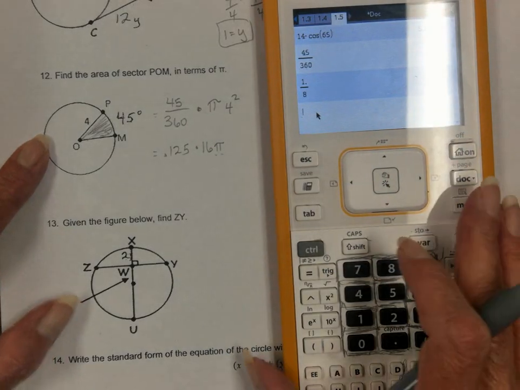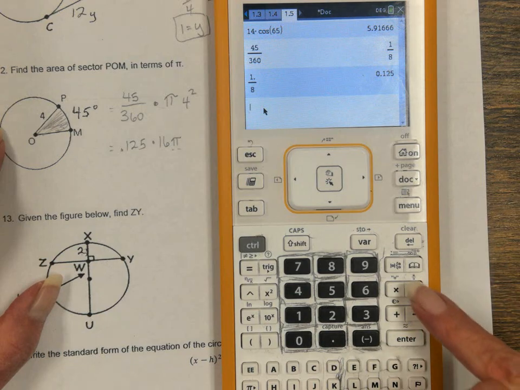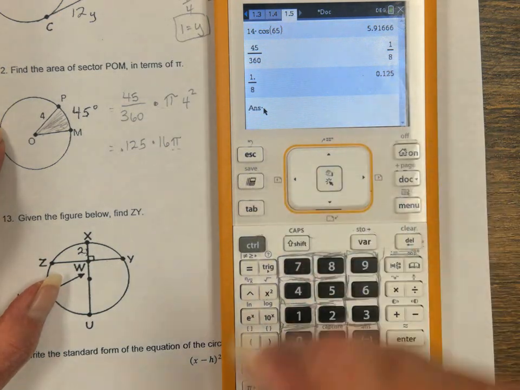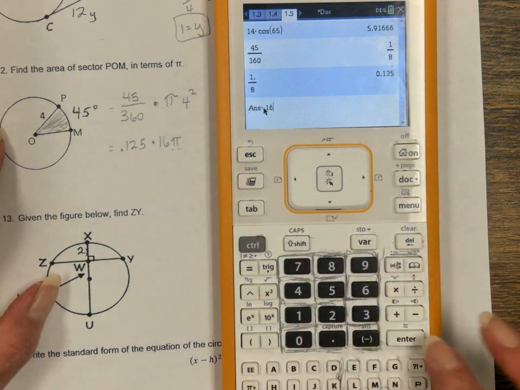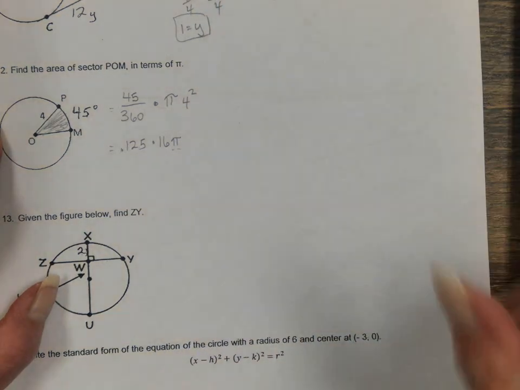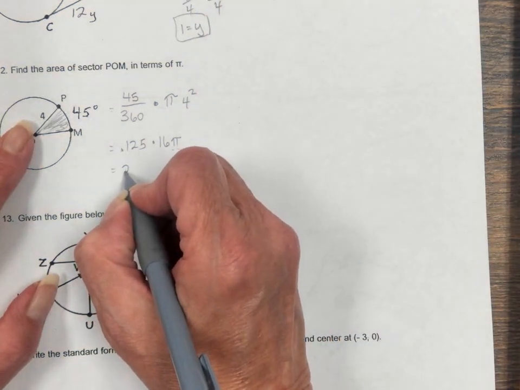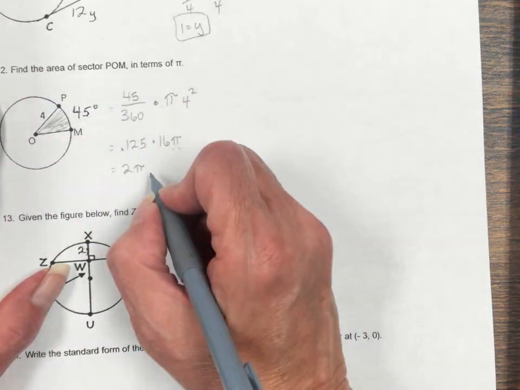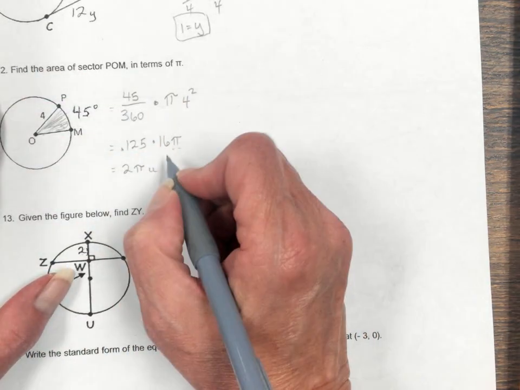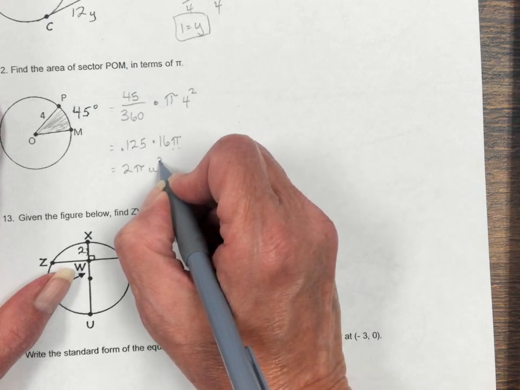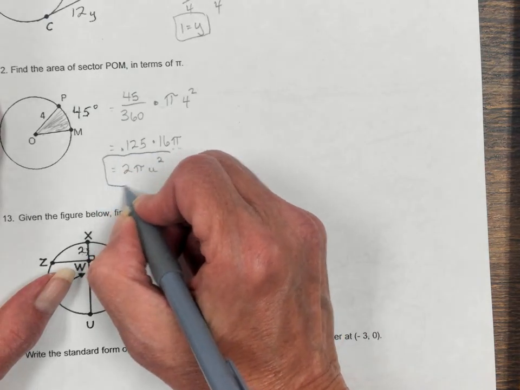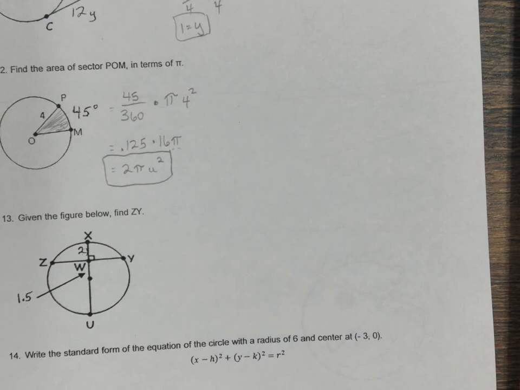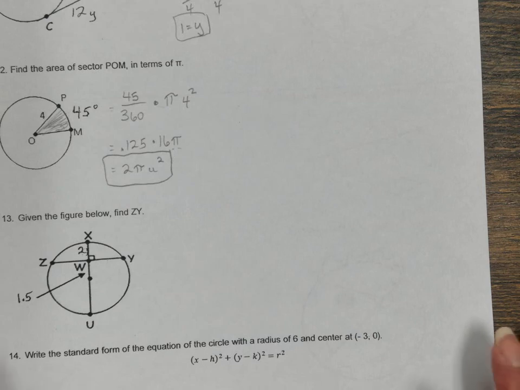I am not going to multiply out pi, but I will take 0.125 and multiply it by 16 and get 2 times pi. Do not have a unit, but it's area, so it has to be squared. Okay? So the area of sector POM in terms of pi is 2 pi units squared. Okay?